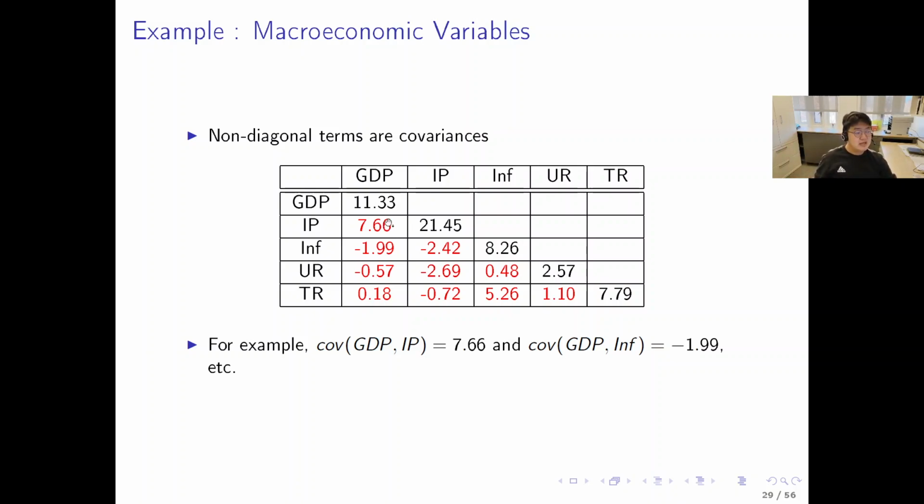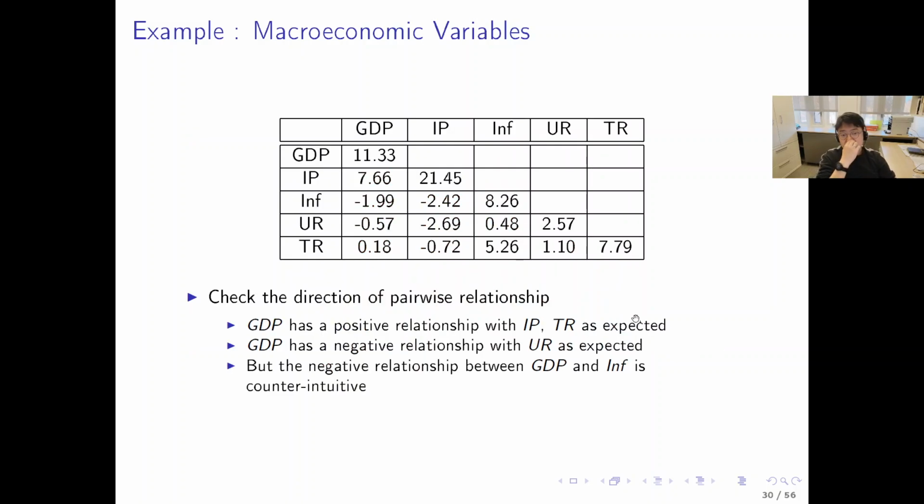Okay, so as I said, you make a pair by choosing a column and a row. Then you find the covariance. But remember, the covariance only gives you the direction. The size does not tell you anything, right? So let's interpret that.